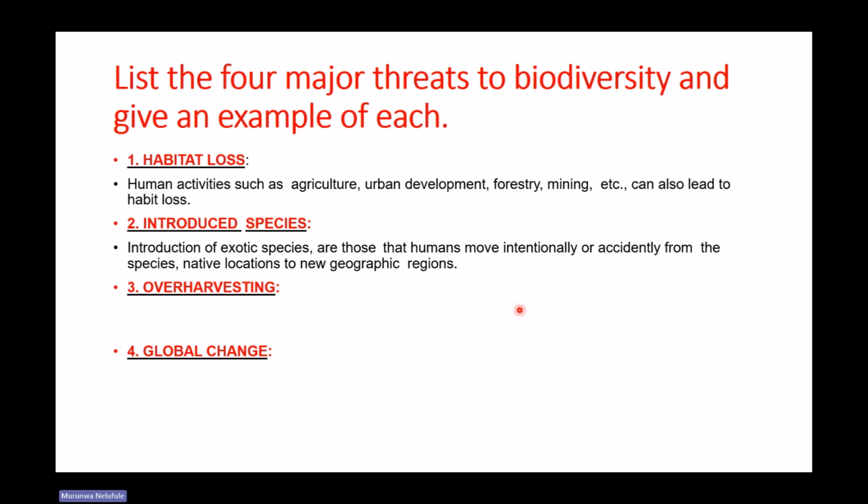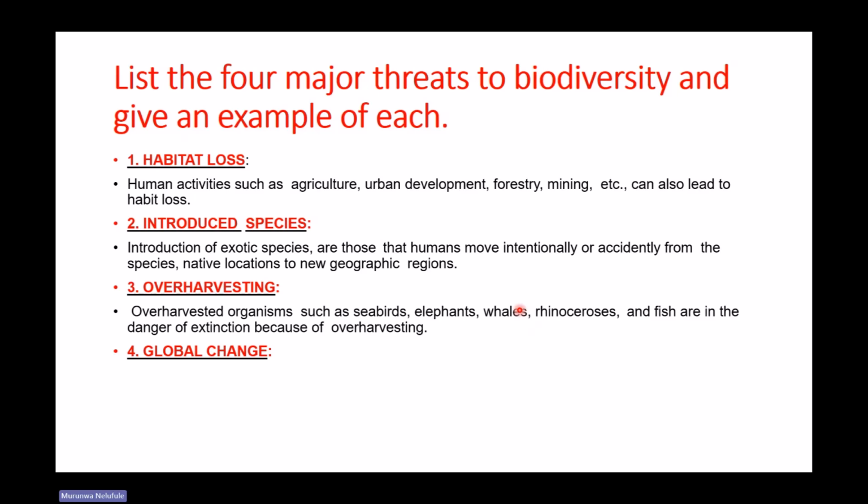Now because of the last one, global climate change, you will find that the imbalance in temperature ranges is causing the rejuvenation of the species that were over-harvested to take longer than expected, which may lead to the loss of biodiversity or habitat.